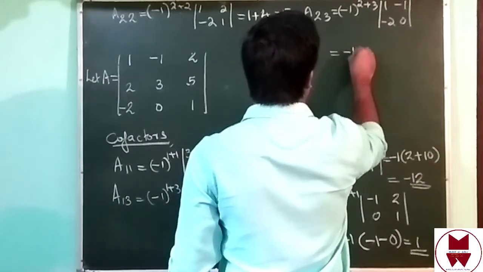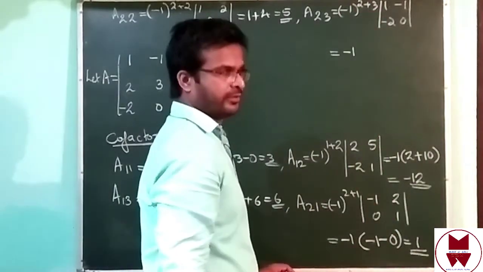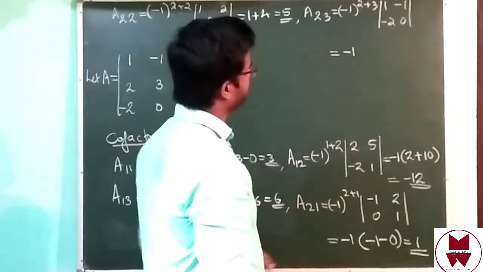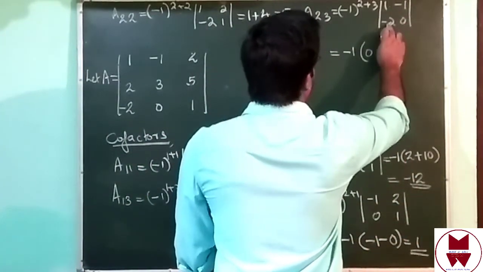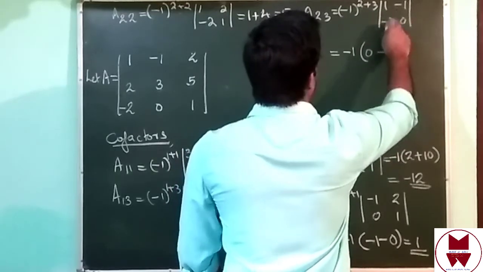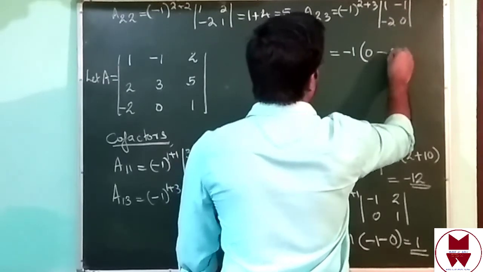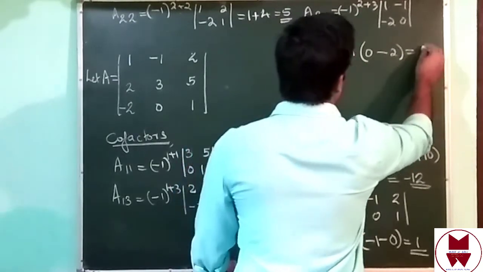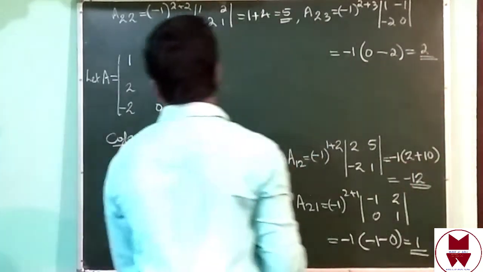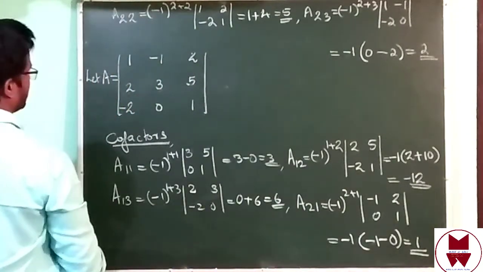Here minus 1, because 2 plus 3 is 5, isn't it? Odd number means you will get minus 1. Minus 1 into 0, 0, then common minus, minus 2 into minus 1, plus 2, equals minus 1 into 2, you will get minus 2.